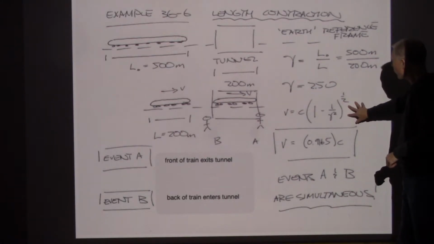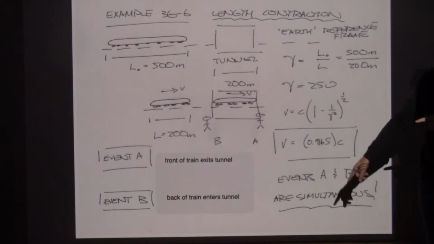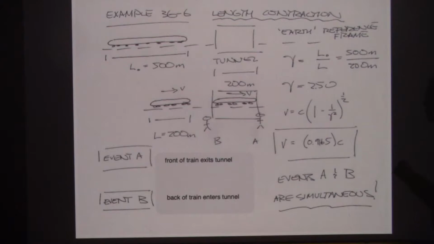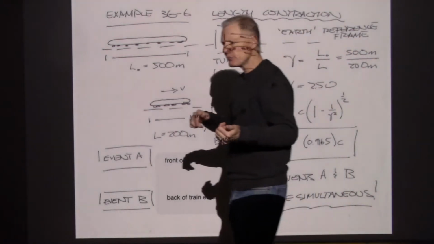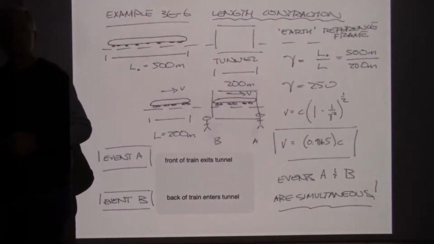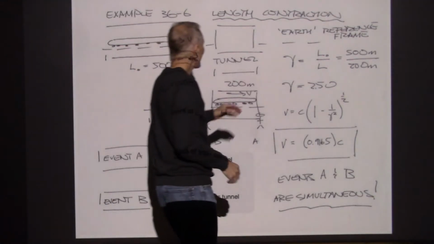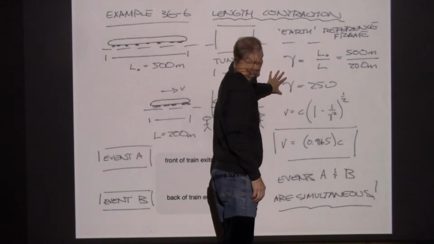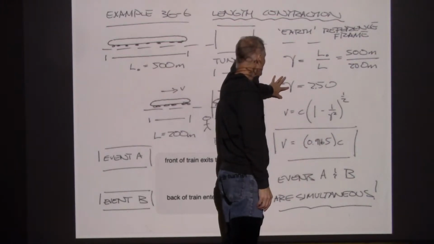Now this is an important equation right here. Let me stop and say, what we've been doing up until this point mostly is they give us a value of v and we calculate gamma. But in this instance, we're going to do it in reverse. There's a value of gamma that we want, and we want to know how fast we have to go to get that value of gamma.